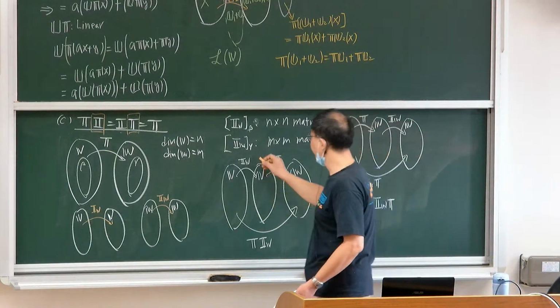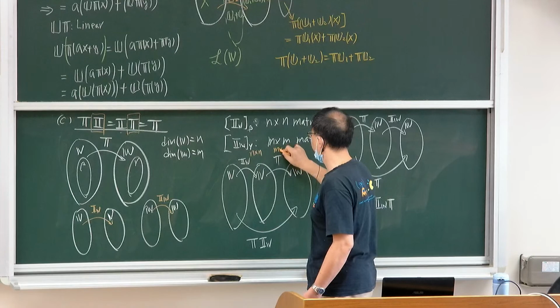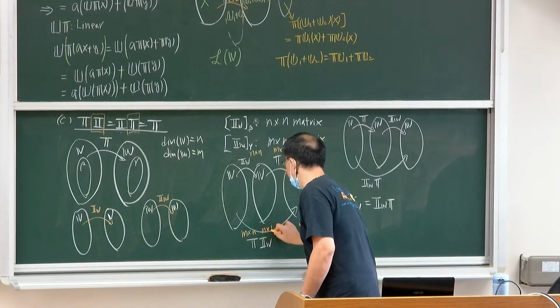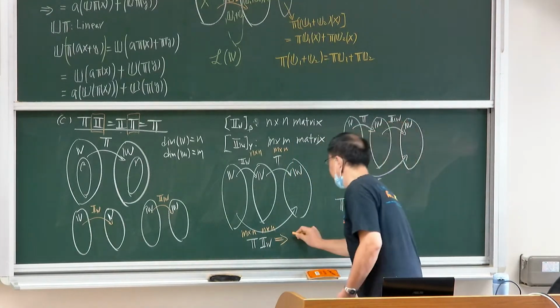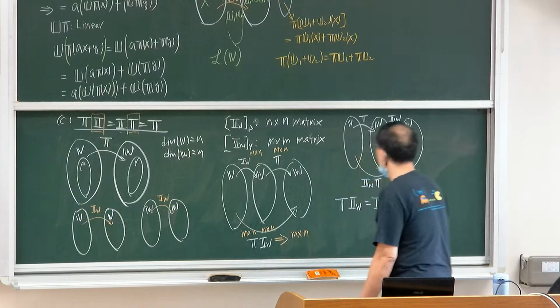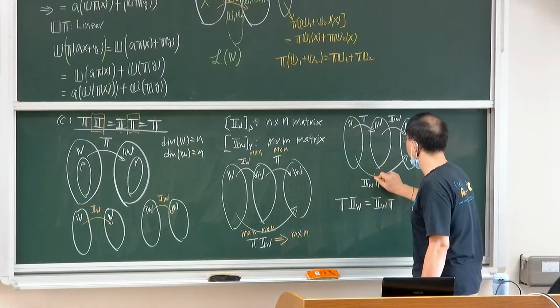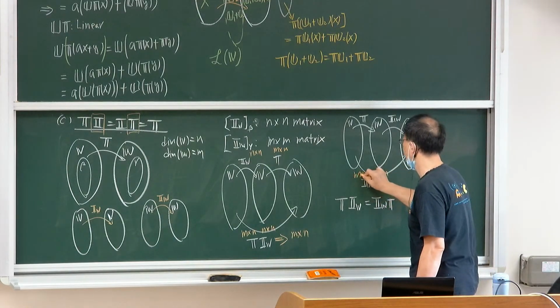Okay, let's check its dimension. So this should be an n by n matrix. This should be an m by n matrix. So I have m by n times n by n. So the resulting matrix should be m by n. For this one, I have T, m by n, but for I_W, it's m by m.